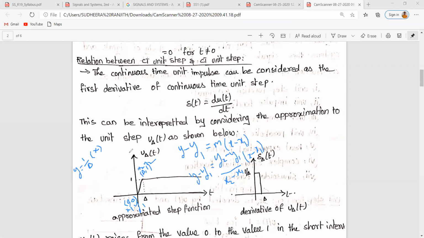What we are representing on the y-axis is u delta of t. So u delta of t is equal to 1 by delta, and on the x-axis we have t, since the independent variable is time. So u delta of t is equal to t by delta for 0 less than or equal to t less than or equal to delta, and after delta the signal has the amplitude of 1.